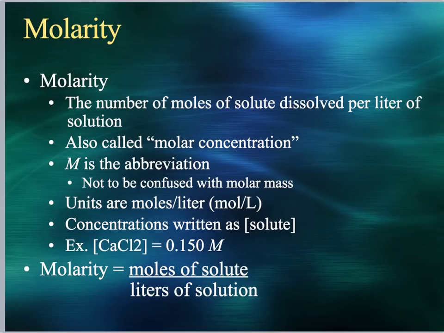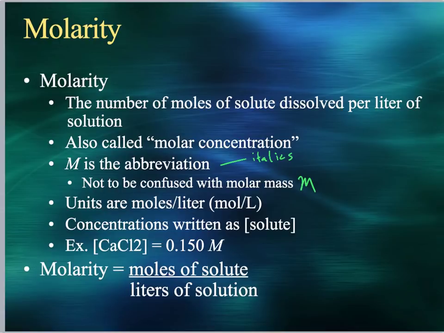So what is that? Well, molarity is the number of moles of solute dissolved per liter of solution. It's also sometimes called molar concentration. The symbol for it is an italicized capital M. It's kind of an important thing to note that it is, in fact, in italics because this, if you're not being careful, can get confused with molar mass, which is that cursive capital M that we've been seeing since last semester.